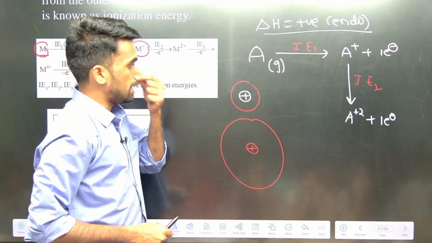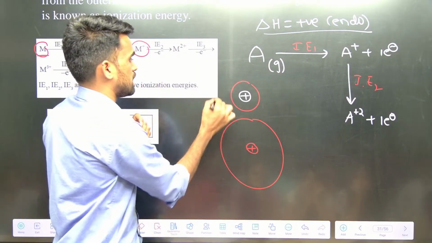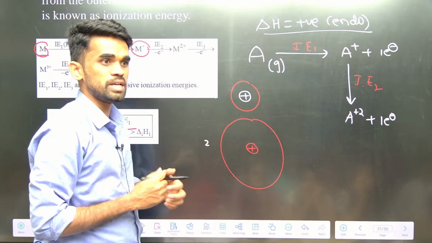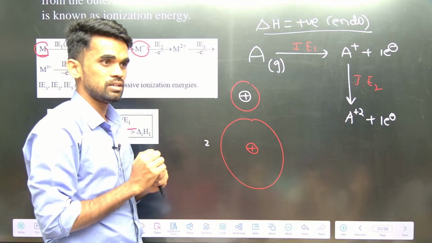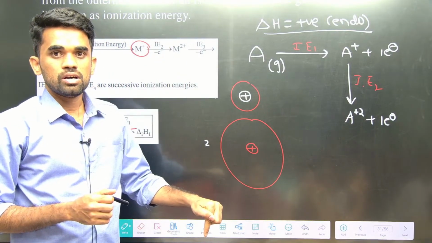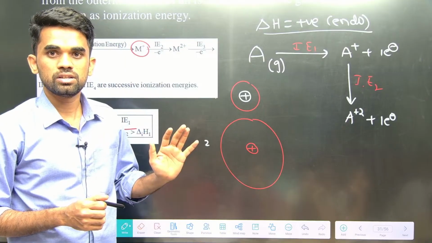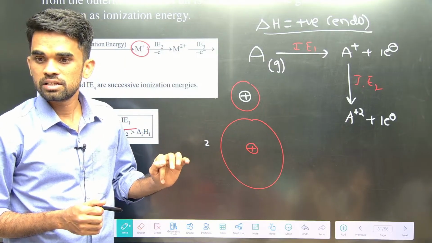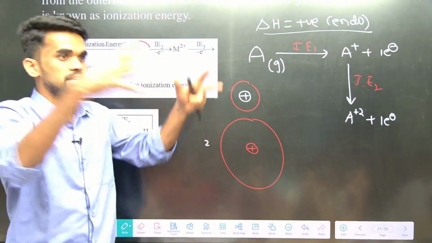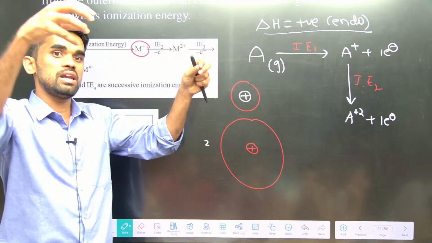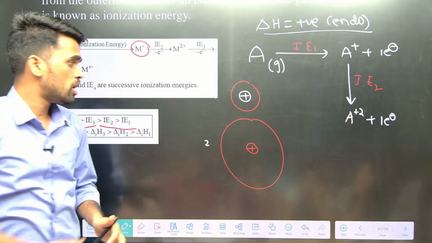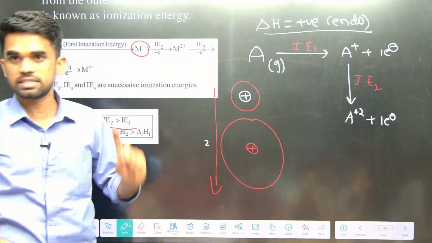See, which electrons are very close in the first case or second case? It means if it is close to the nucleus, is removal of an electron easy or difficult? So it means down the group size increases now. What happens to ionization energy? Decreases or increases? Decreases. So down the group size increases now, that valence electrons will be far from the nucleus. So it is easy to remove. So ionization energy down the group decreases, you can remember.